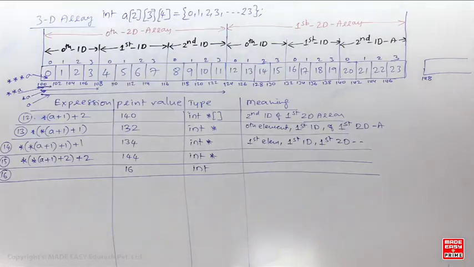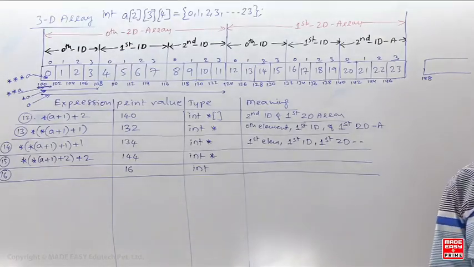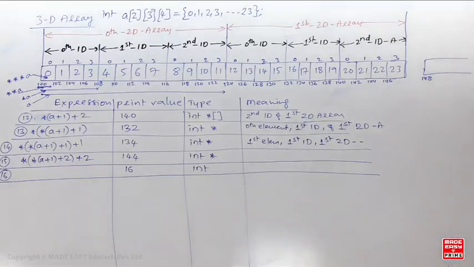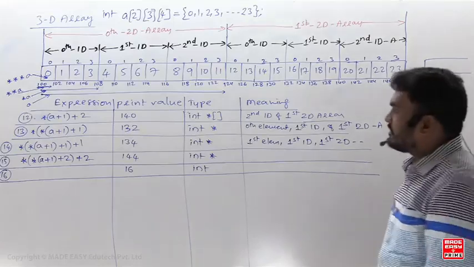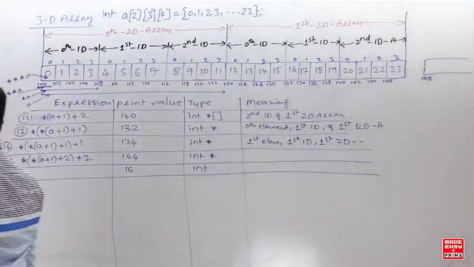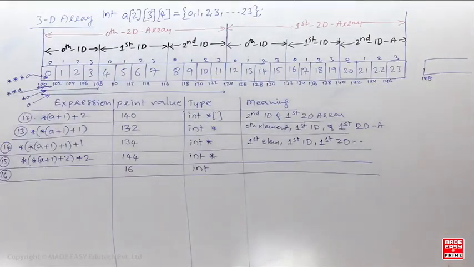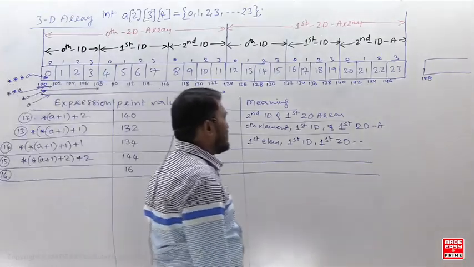Very good, so finally everyone gave the right answer. Only Ranjan Kumar gave a wrong answer; a small mistake, you said plus 3. Now tell me 16, type is integer. Now tell me the expression.